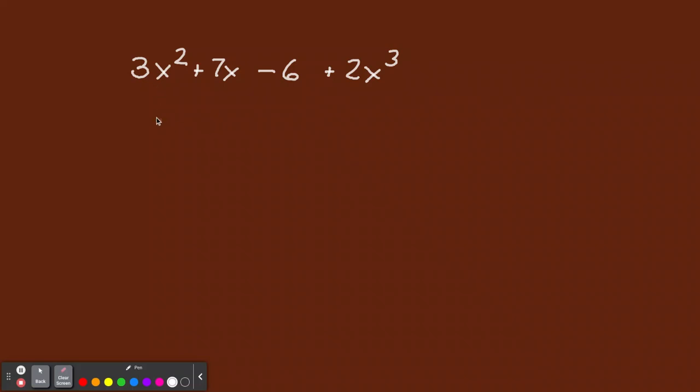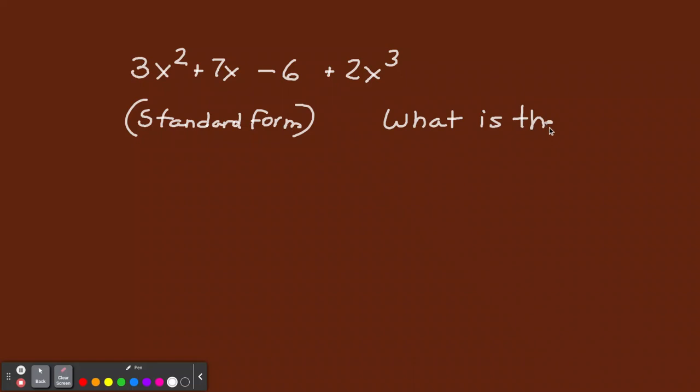And they want this written in standard form. Now, when you write things in standard form, they have to be in descending order, the exponents. So if you put it in standard form, they also ask you, what is the leading coefficient?